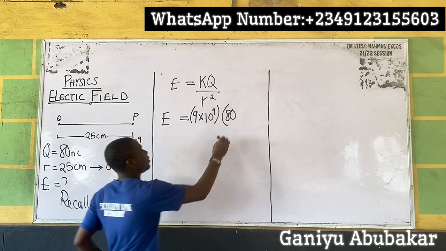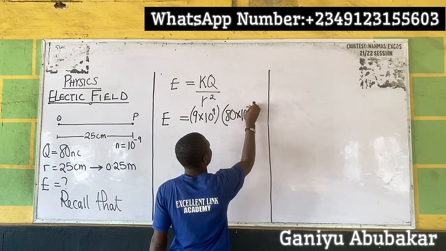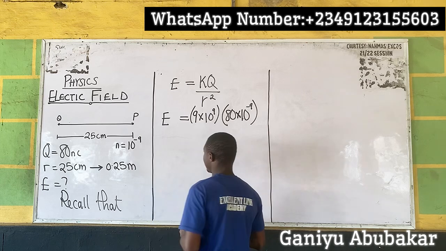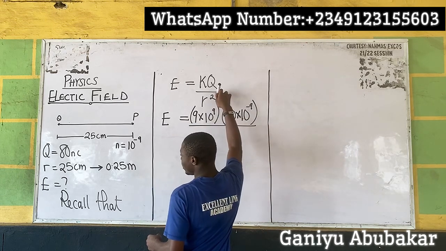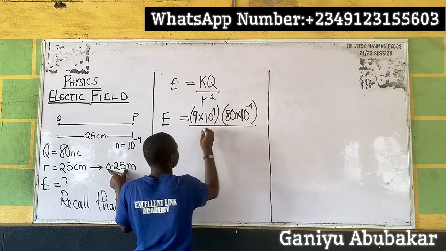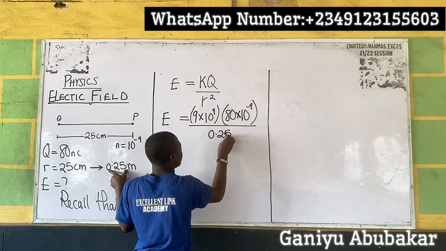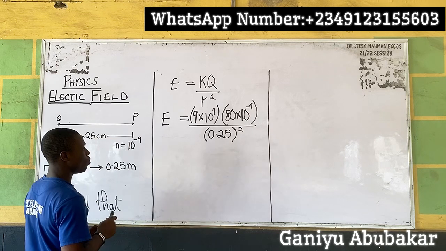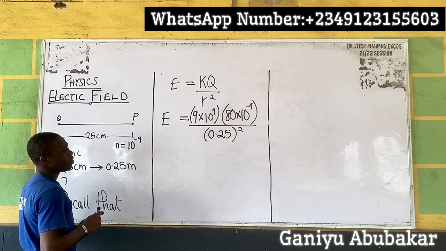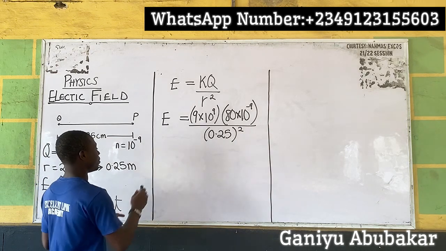So that becomes 80 times 10 to the power minus 9, all over R squared, which gives distance squared, 0.25 all squared.